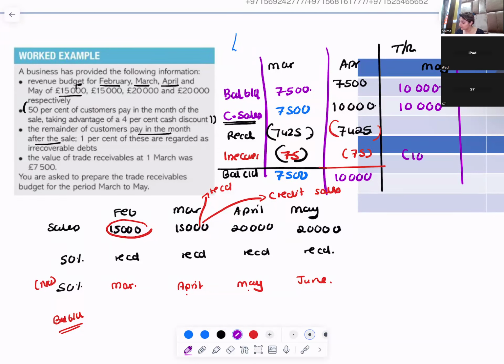So irrecoverable debts would be 100, and you will receive 9,900, because you're subtracting only. And then your balance brought down would be 10,000.